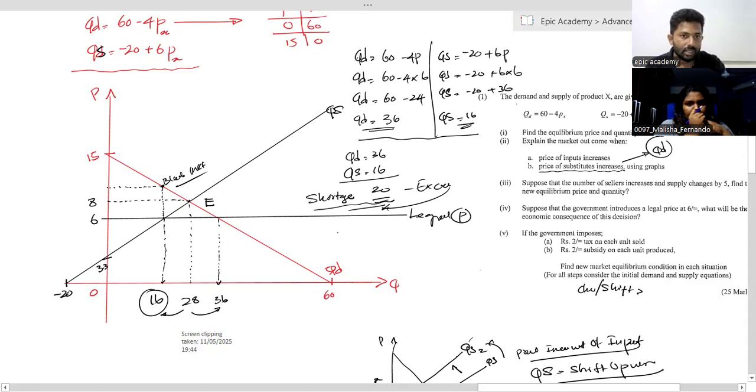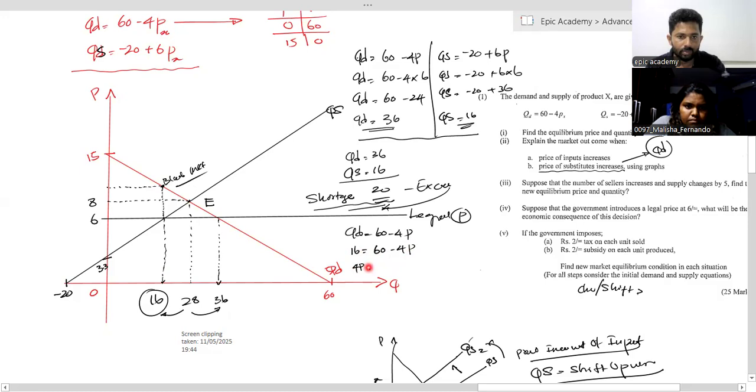Just take the QD equation. Because this is the QD equation curve, that is what crosses here at the quantity 16. So QD equals 60 minus 4P. The quantity is 16, so 16 equals 60 minus 4P. Then we convert that 4P to this side.